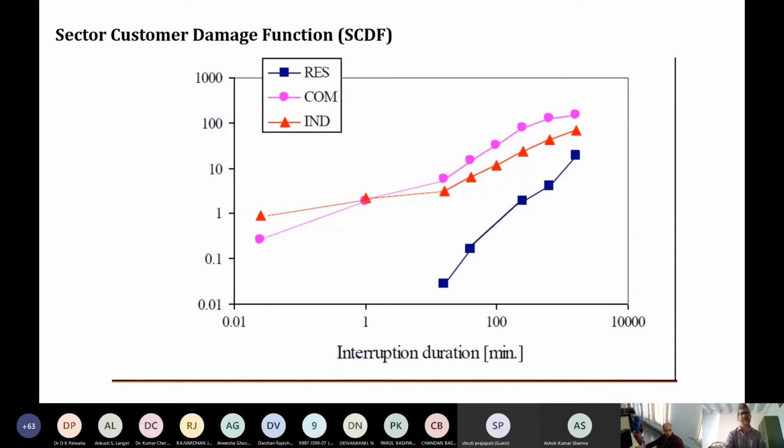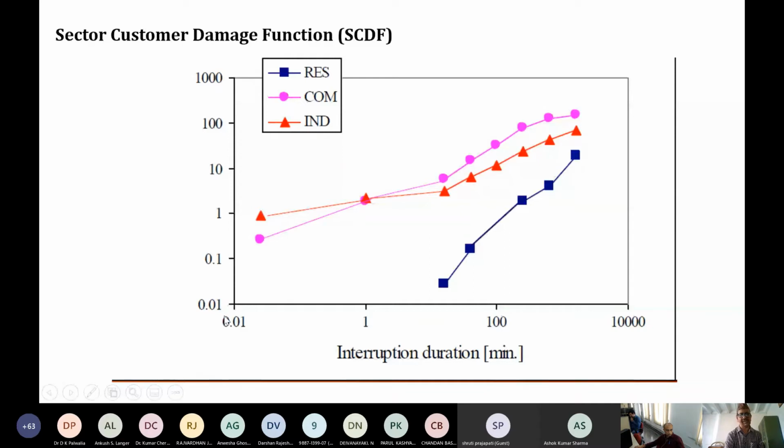They carried out this survey for the whole of Canada, and you can see the sector customer damage functions. For residential you can see this is the curve, for industrial this is the curve, and for commercial this is the curve. And you can see that the commercial customers do have the highest cost for interruption. Highest cost sector customer damage function.